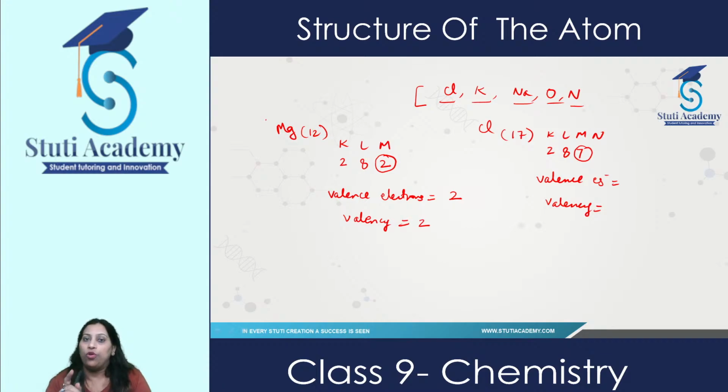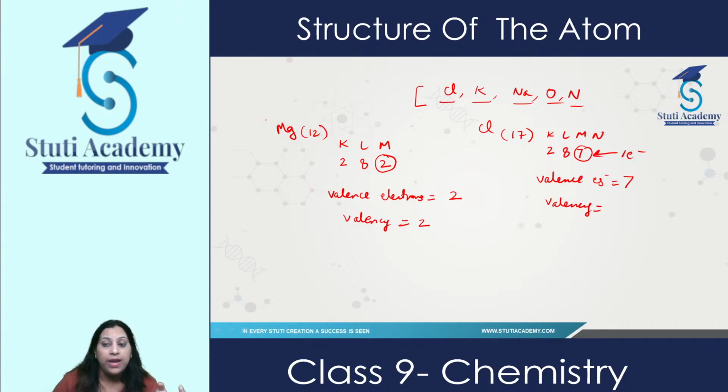If you remember, I told you that it will not happen in all the cases that valency and valence electrons are the same. So here is an example. Here 7 electrons are present in the outermost shell, which means valence electrons are 7. But to attain stability in nature, to attain inert gas configuration, this chlorine accepts 1 electron.